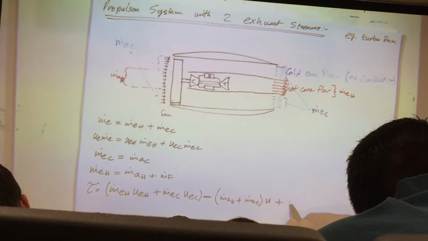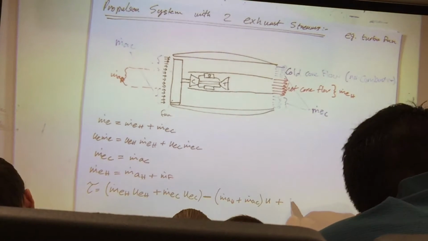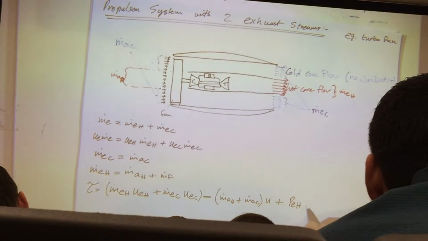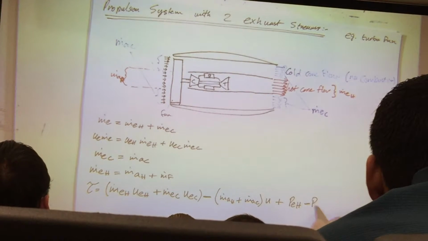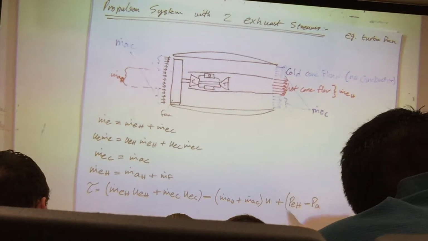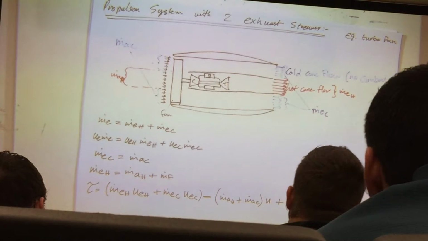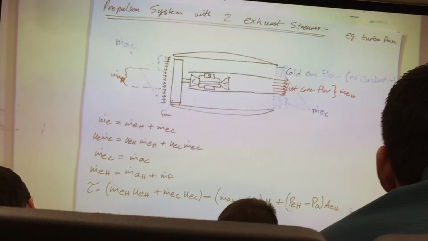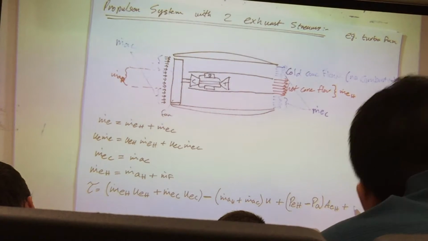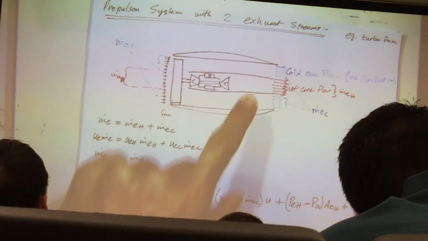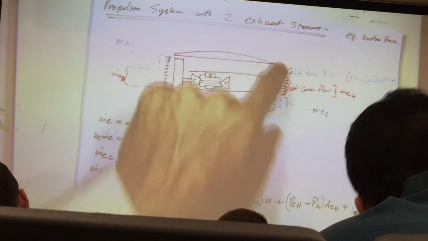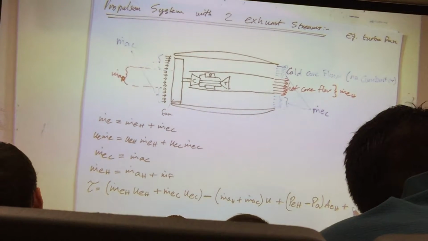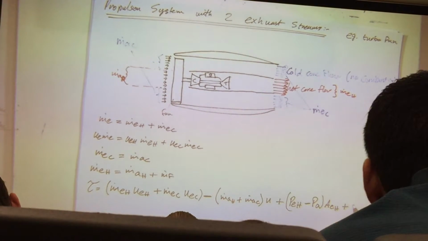And what do we have? We have the exit pressure from the hot core minus the ambient pressure, at section area hot, plus the rate of change in pressure for the cold core, the cold section.